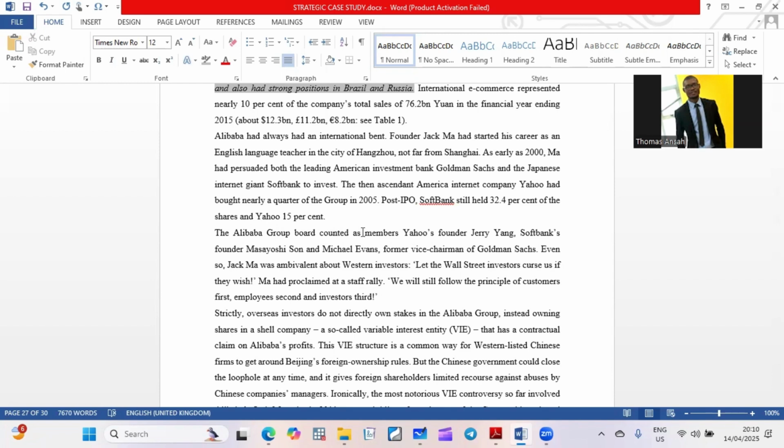Even so, Jack Ma was ambivalent about the Western investors. "Let the Wall Street investors curse us if they wish," Ma proclaimed at a staff rally. "We will still follow the principle of customer first, employees second, and investors third."